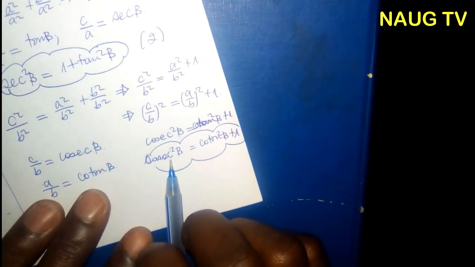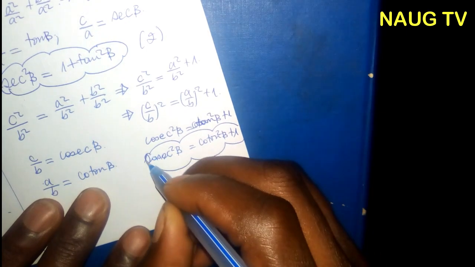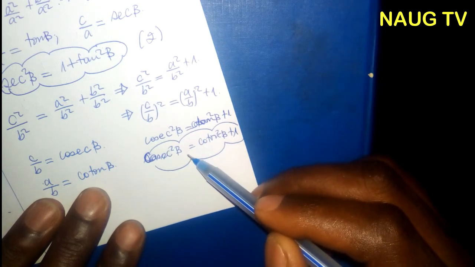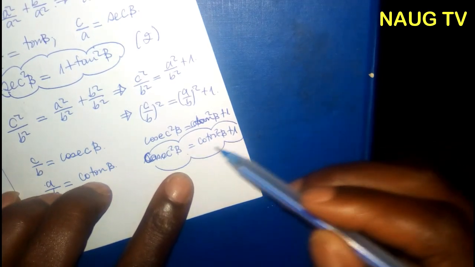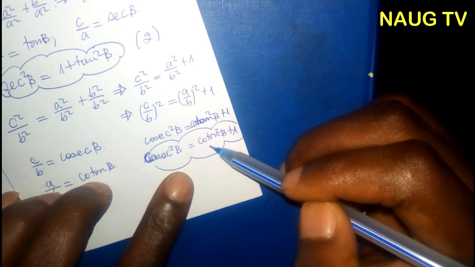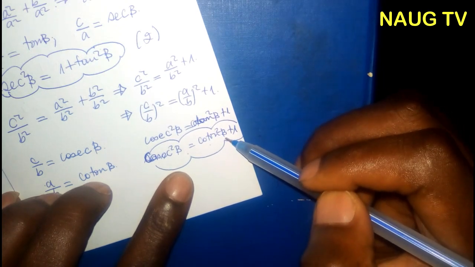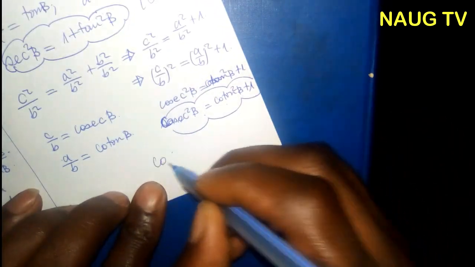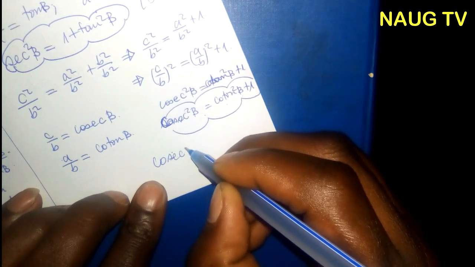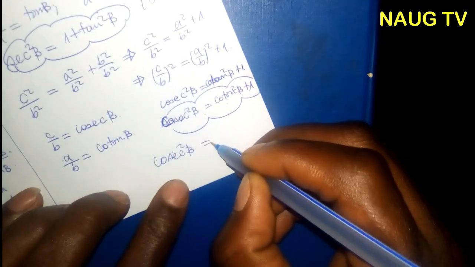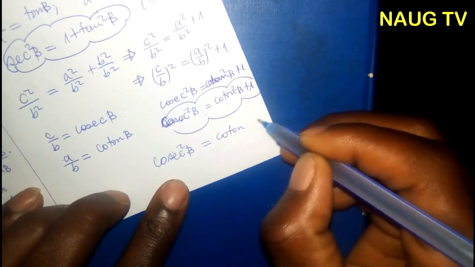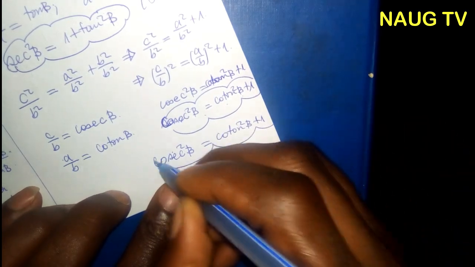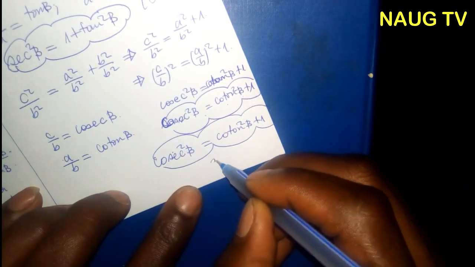Also, the third one is cosec beta squared equals cotan beta squared plus 1. Let me write it clearly. Cosec beta squared equals cotan beta squared plus 1. That is the third one.